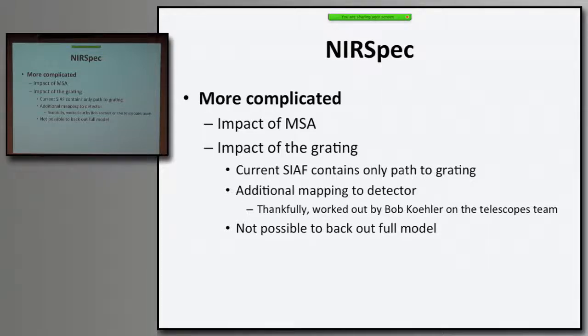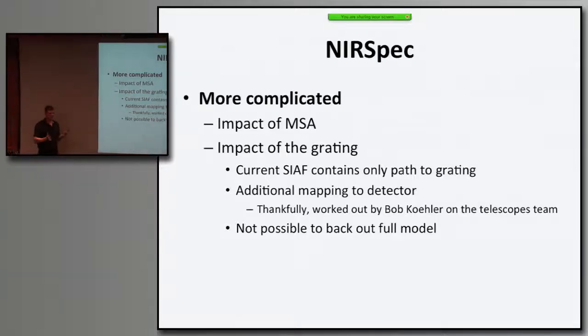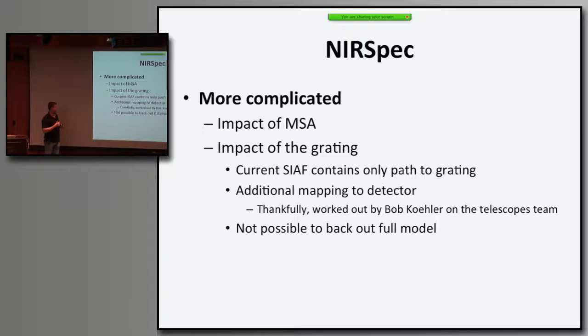And what angle the grating has depends on the mapping that you get to the detector. So that's going to be a complication. So I decided to just solve for one particular grating position. Thankfully, Bob Kohler had a solution from the grating to the detector that I was able to use, so that I could get a good mapping of everything and simulate NIRSpec.